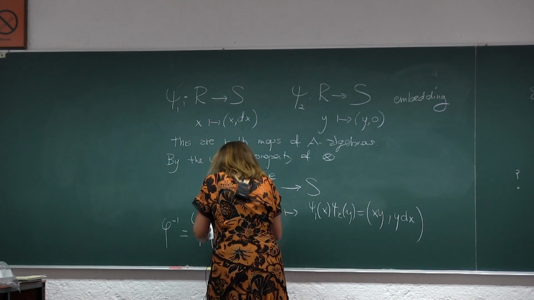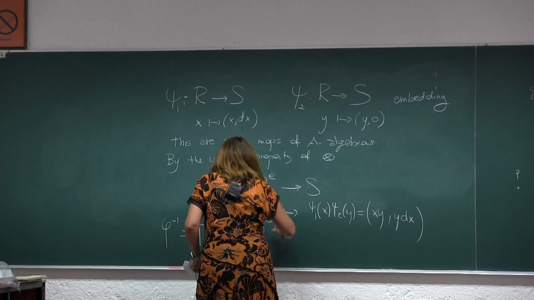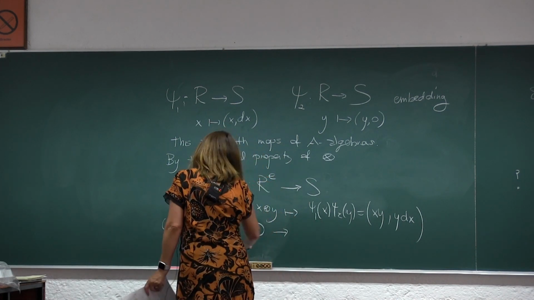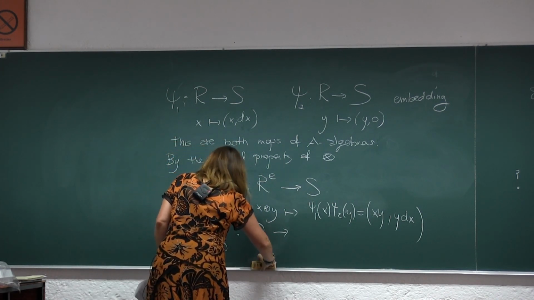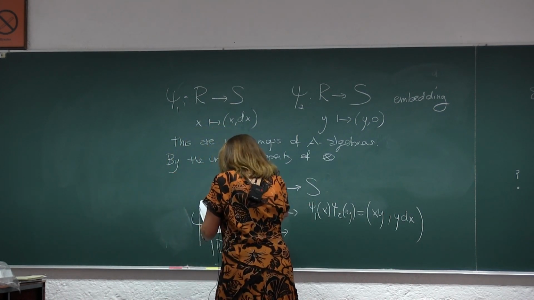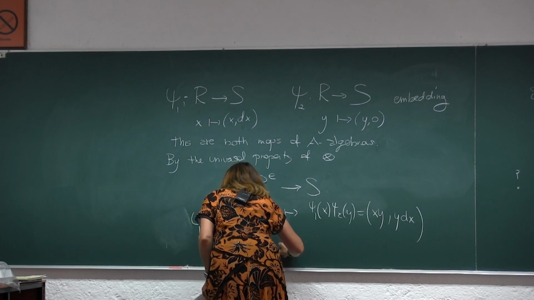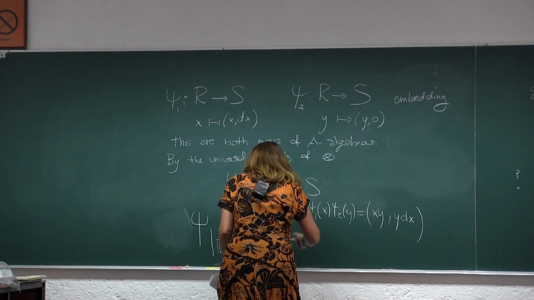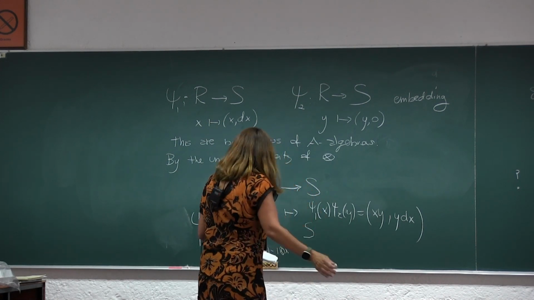This is not exactly phi inverse. We'll get phi inverse from here going modulo D squared. But first you look at this. This is a map that sends an element of D inside here. So you take x tensor 1 minus 1 tensor x, and let's follow what it does. In theory, it goes to S, but then we'll see exactly what the image is.